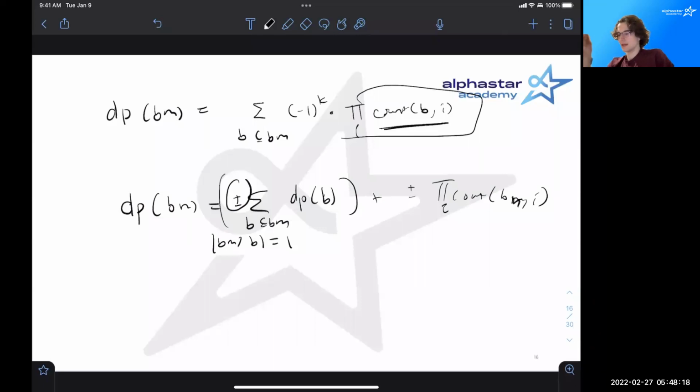Yeah, I think you have to do PIE again, and then you end up with something that's still exponential for each grade. Maybe something like, because I think you can still do expansion by minors too.